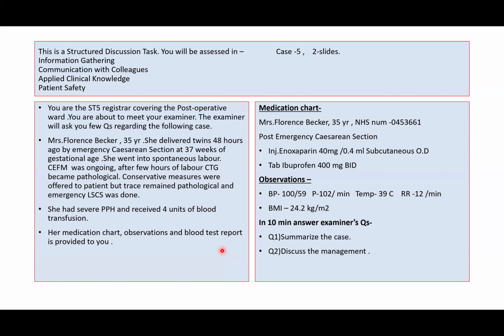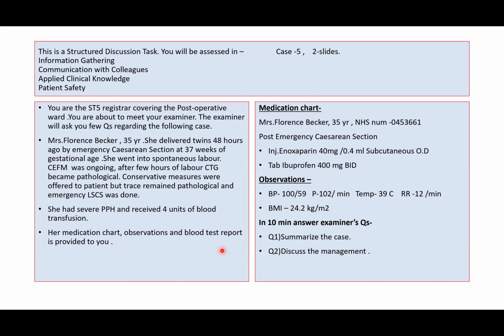Plus 1 minute, where the role player will give you a lot of information in the history taking. So 5.5 minutes gone. Then when you start discussing your management, for you it is only 4 minutes. Another 1 minute, the role player is talking. So for you, it is only 8 minutes. It is not the complete 10 minutes.